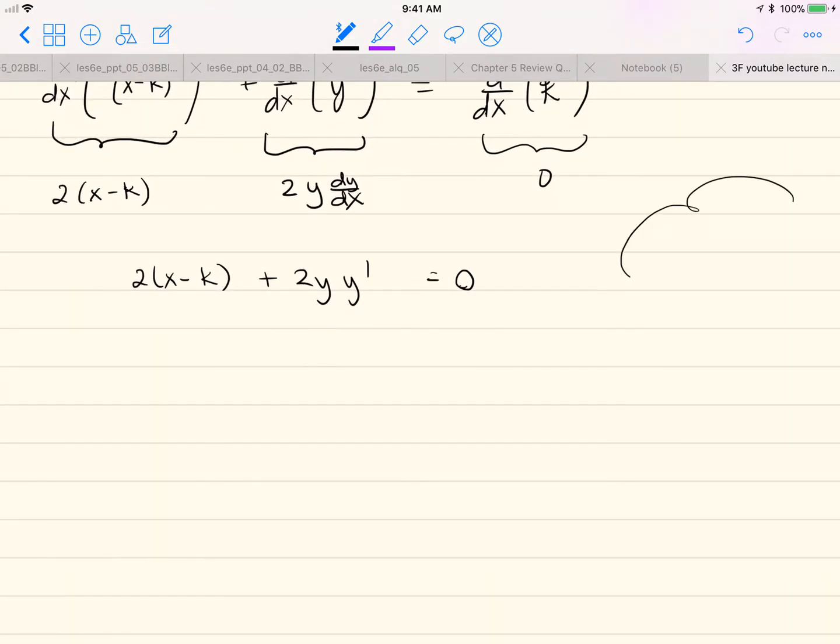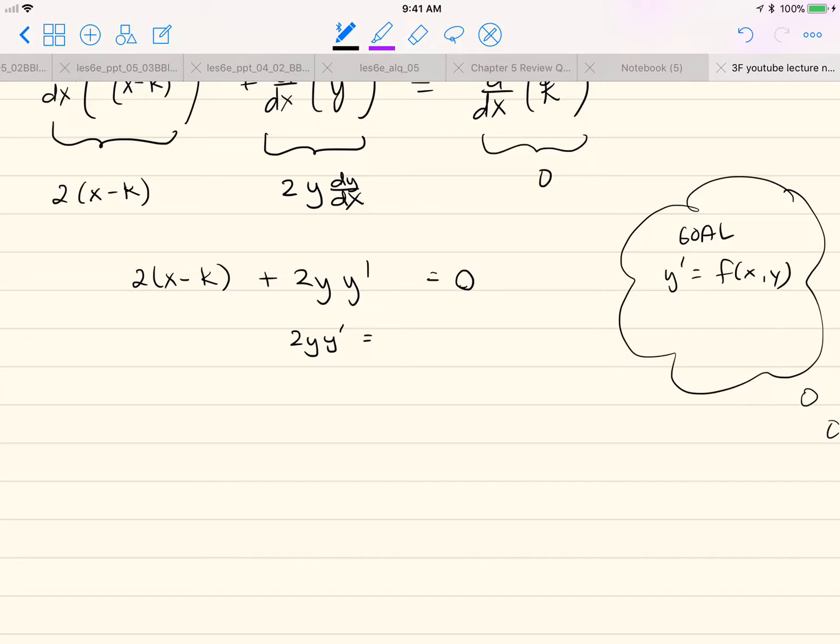Now remember, my goal is to get a general format of y prime equals f of x, y. That's my goal. So let me try to solve for y prime. I have 2y y prime equals negative 2 times (x minus k), so I'm just subtracting 2 times (x minus k). And now I'm dividing by 2y.